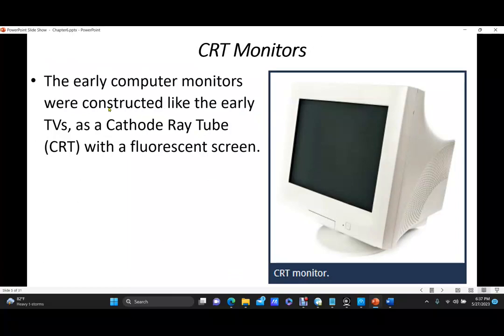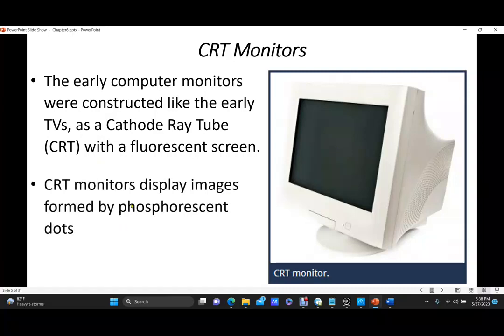CRT monitors, the earlier computer monitors, were constructed just like earlier televisions: a cathode ray tube with a fluorescent screen, displaying images formed by phosphorescent dots on the screen.